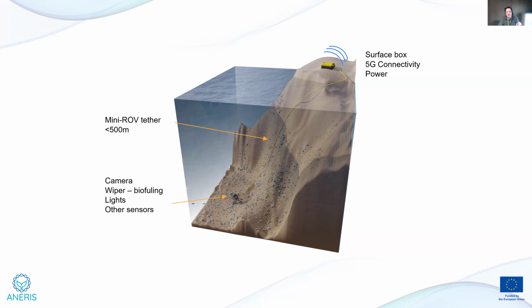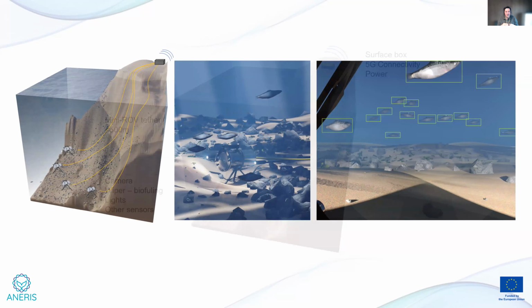And another concept was to use this sort of technology to expand existing cabled subsea observatories. So the end goal would be to have an inexpensive way of obtaining a large amount of images continuously, to which AI algorithms can be applied, for instance, to count fish, detect invasive species, or measure the turbidity of the water. There are a lot of applications.